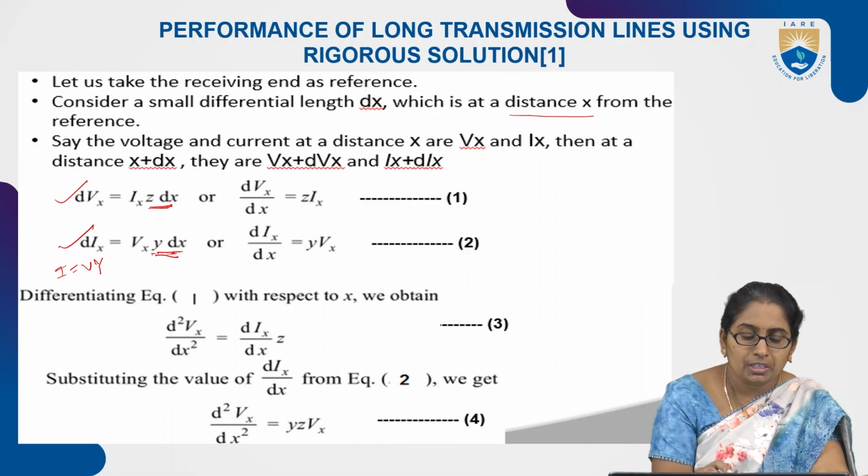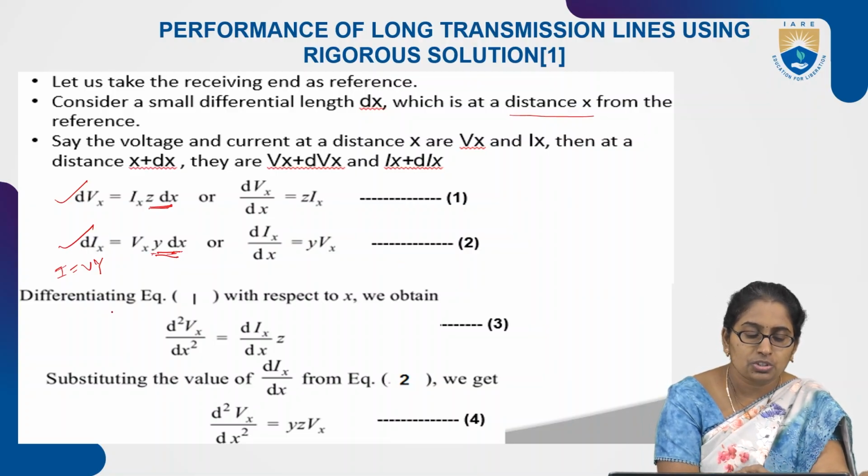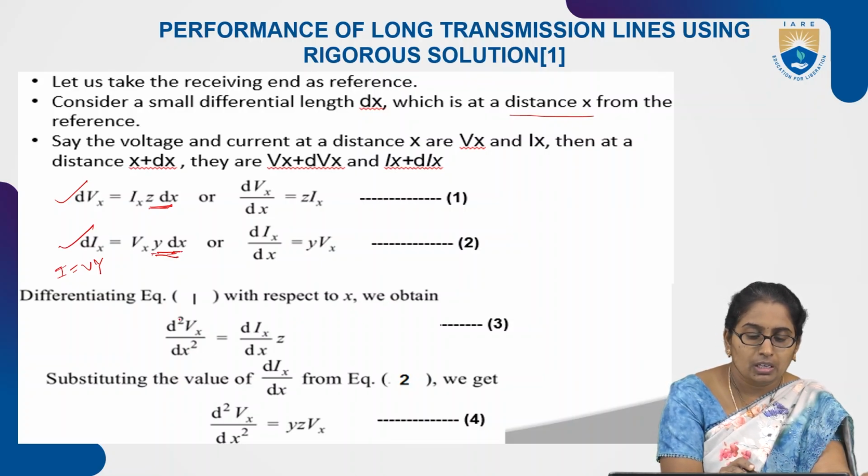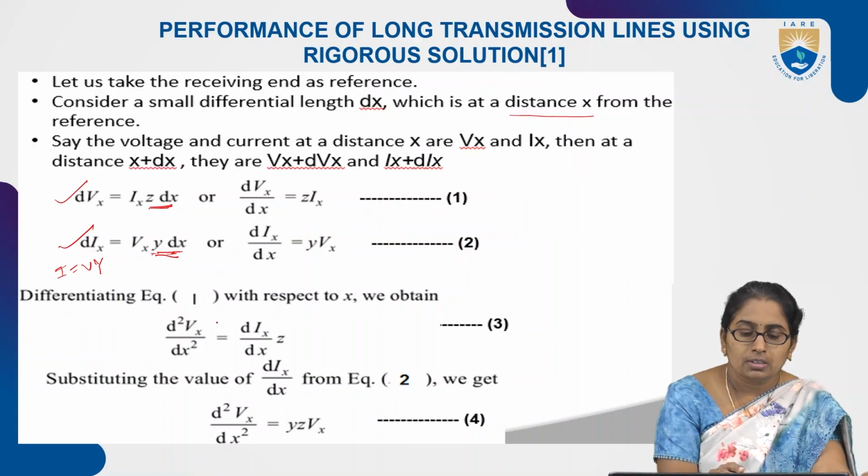Now differentiate equation 1 with respect to x. We obtain d square Vx by dx square is equal to z dIx by dx, since z, the impedance of the line, does not change with differentiation. Call this equation number 3.